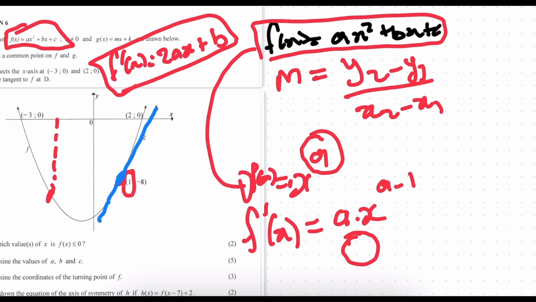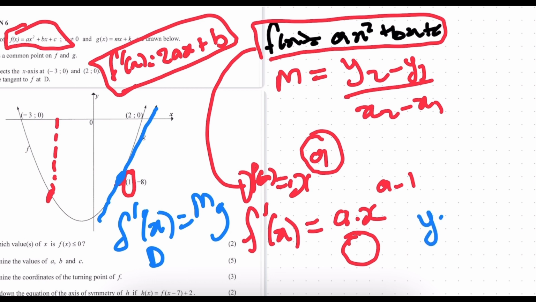So that means the f prime of x at point D, ne, is equivalent to the gradient of what? Of g, ne? In your linear equation, you literally have what? Y equals what? Mx plus c.